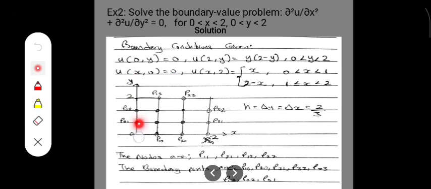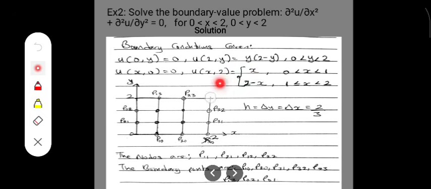Because what we'll notice is that in this particular question, they didn't give us the left hand side, right hand side, and bottom as 100. So we have to look for the boundary value for each of the boundary points. And we have 8 boundary points in this question, which are P02, P01, P10, P20. We have to look for them individually using the boundary conditions that we're given.